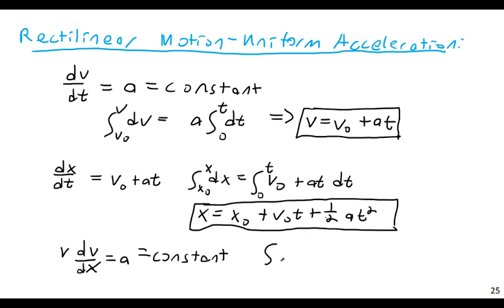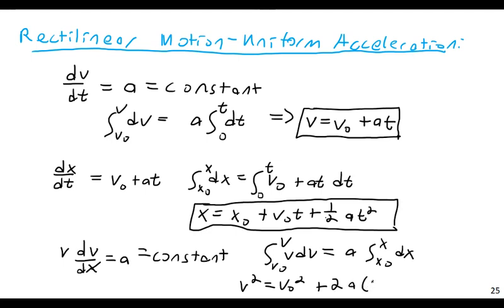I can integrate v dv from v naught to v, which is equal to, if I bring the dx over here, a times the integral from x naught to x of dx, and I will get the other famous equation, v squared equals v naught squared plus 2a times x minus x naught. And this is another of our famous high school kinematics equations.